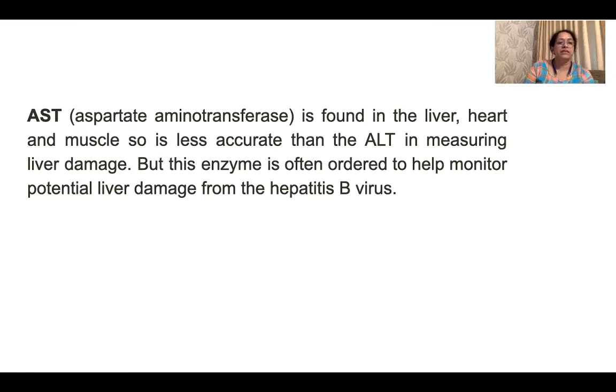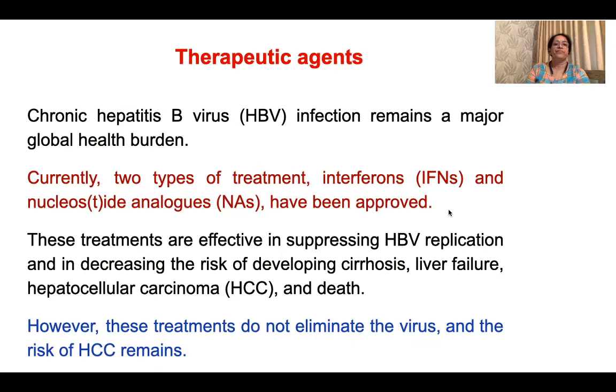ALT is present more when there is liver damage as compared to AST. But this enzyme is often ordered to help monitor potential liver damage from the hepatitis B virus. So aspartate aminotransferase level is checked during laboratory diagnosis of hepatitis B.